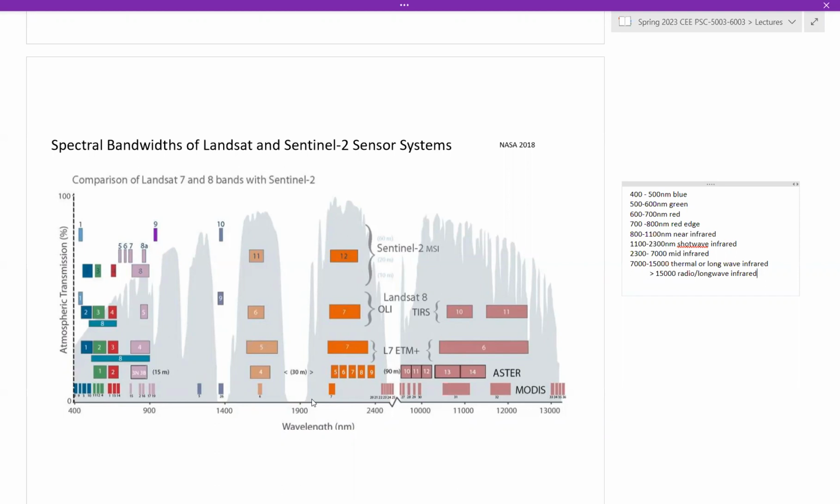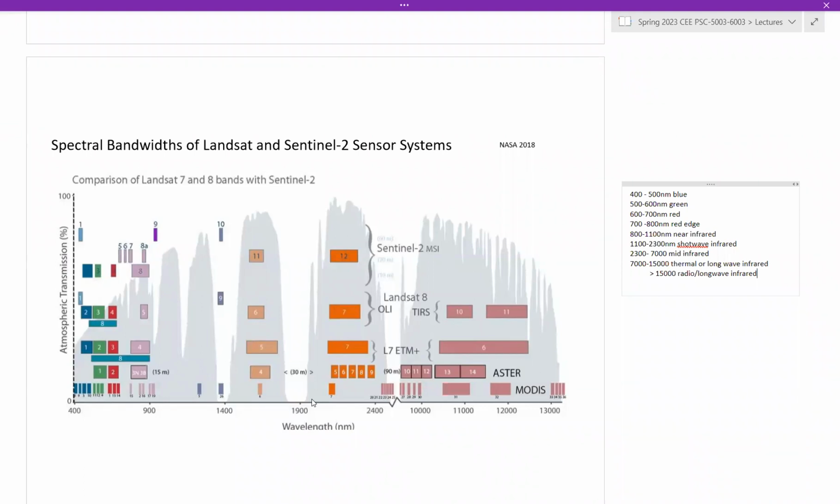What we learn from MODIS or satellites of that nature guides the design of the sensors of Sentinel-2 or Landsat. Now, also technology available at that moment will affect the bands.